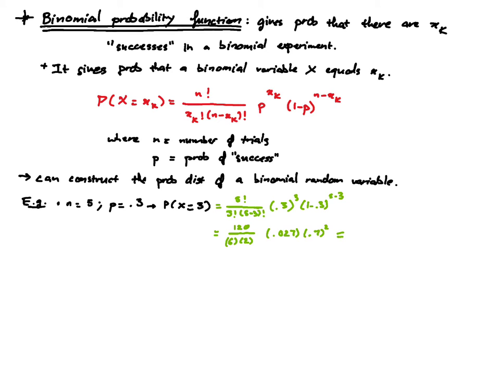So then we have 120 divided by 12, which gives you 10, times 0.027 times 0.49. And if you do the math here, you get 0.132 as your answer.